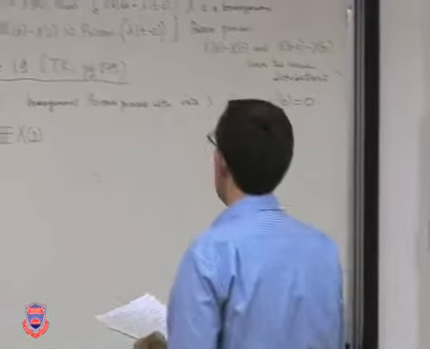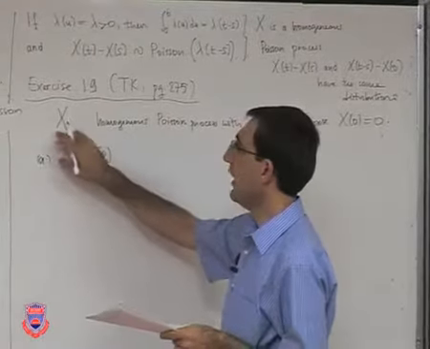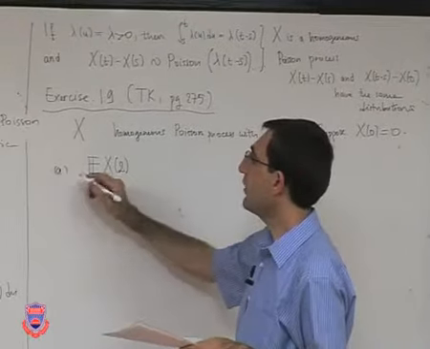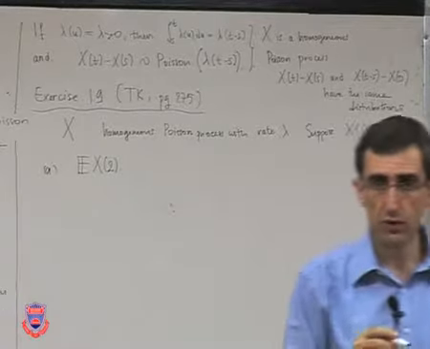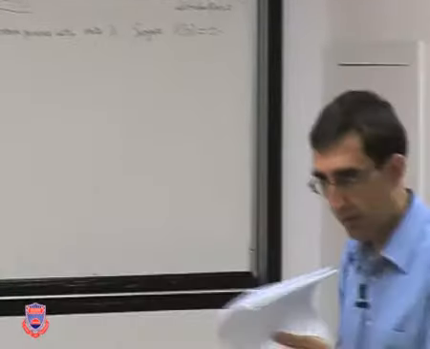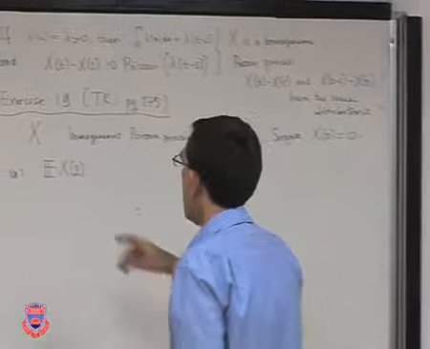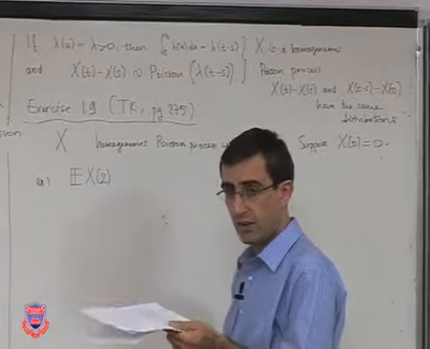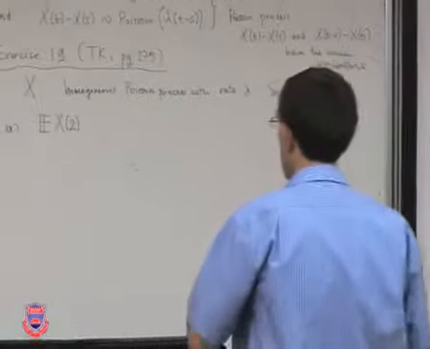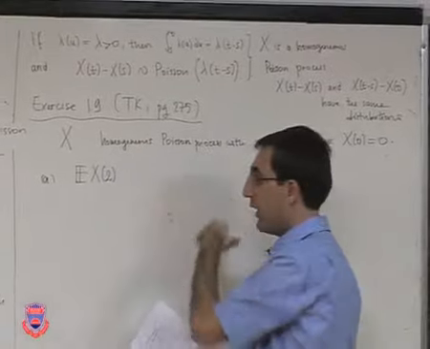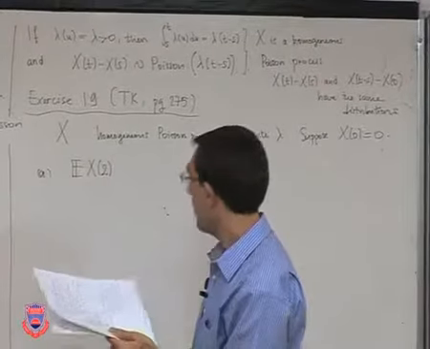If X counts the number of arrivals to a facility, then X2 is the number of arrivals until time 2, and we are interested in the expected number of arrivals until time 2. We may ask, for example, what is the expected number of students who are going to come in class in the next 15 minutes? If that really follows a Poisson process, then we can say something about it in more explicit terms.